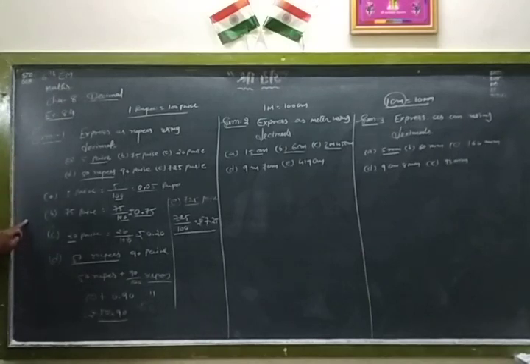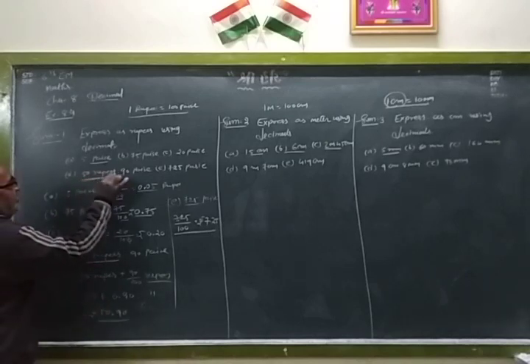How? Sum number 1 is completed because we did A to E and divided all by 100. Why do we not divide the rupees? Because it is already given in rupees.